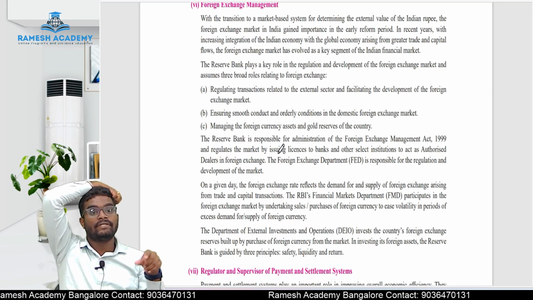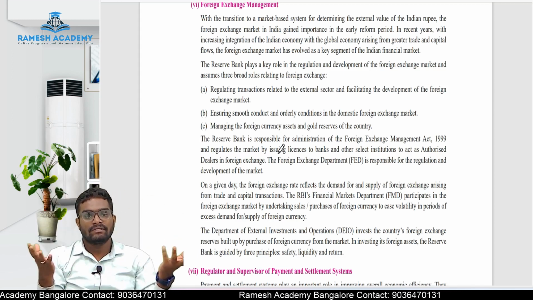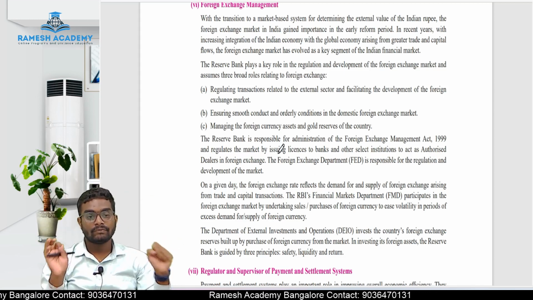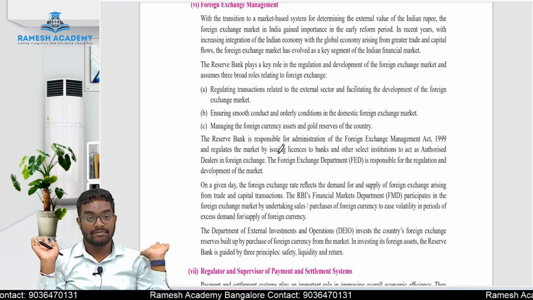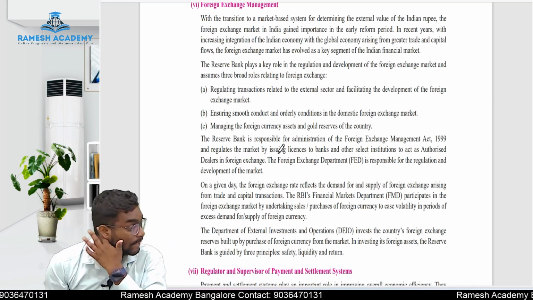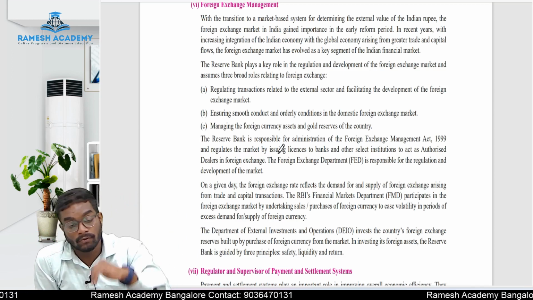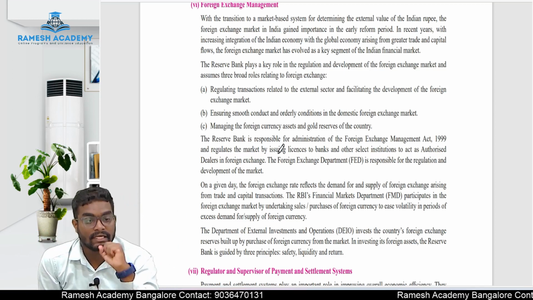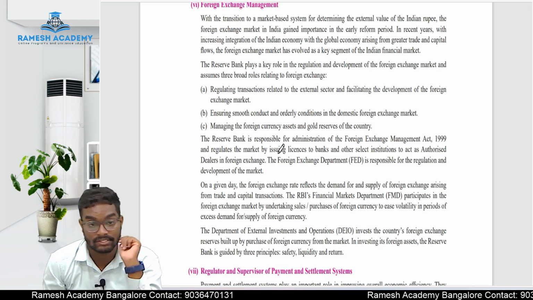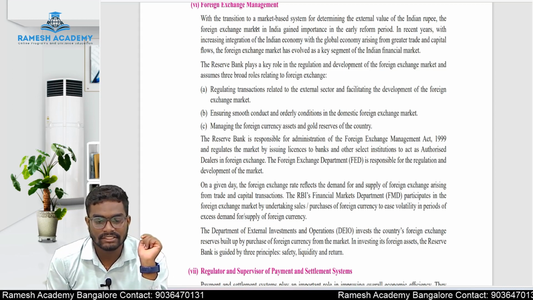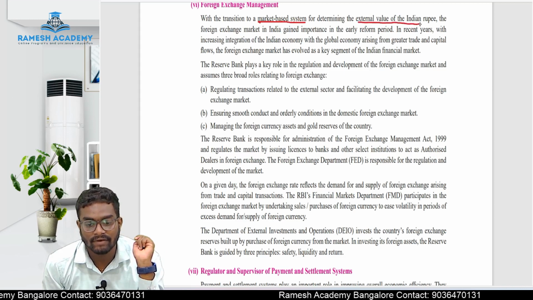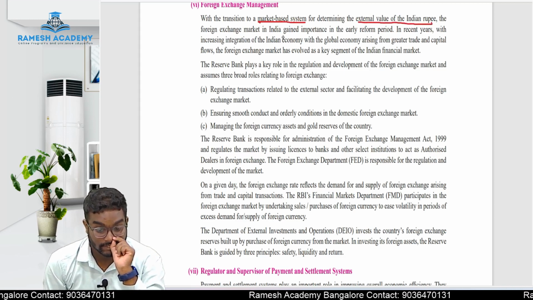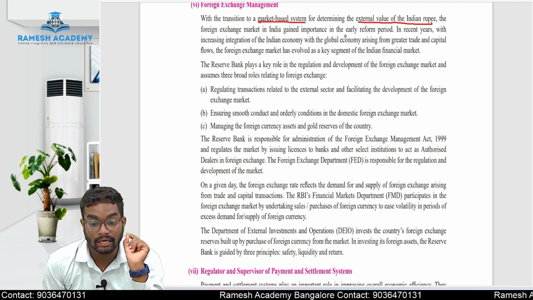Now if it is already in the reserve, then no issues. So that is the reason a country will maintain more and more forex reserves. So when will it happen? If there is more and more inflow into the country, then we will have more and more foreign reserves. With the transition to a market-based system for determining the external value of the rupee, the foreign exchange market in India gained importance in the early reform period.